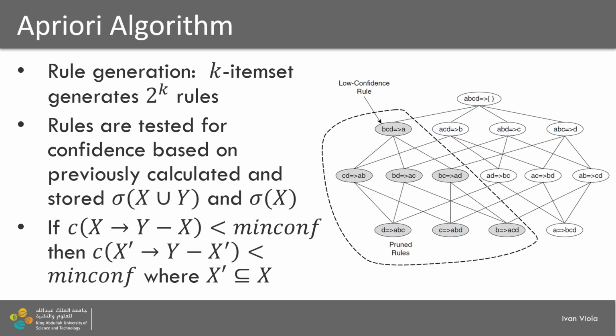Once we have the frequent item set generation finished, we have several possible rules which we can check.